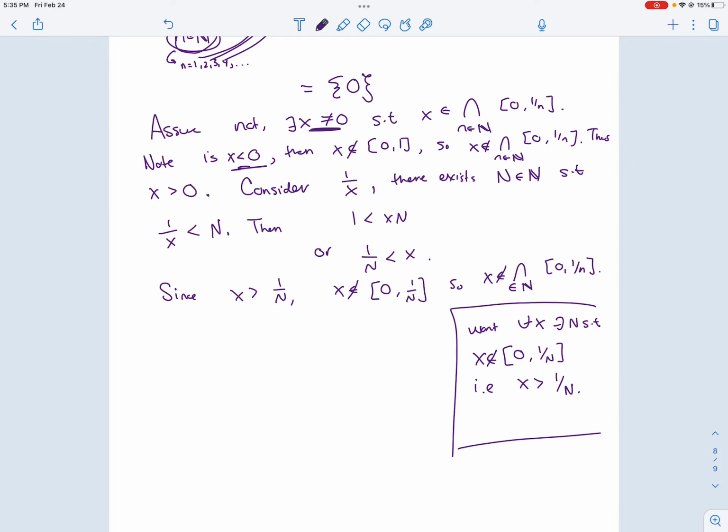And yeah, for 7, let's put 7 into words. It says if the intersection over A in I of A_A equals the union over A in I of A_A, what can you say about the collection of the A_A's where A's in I?